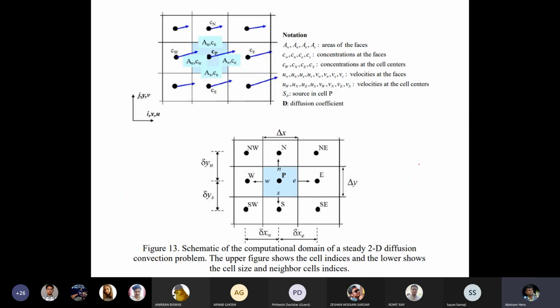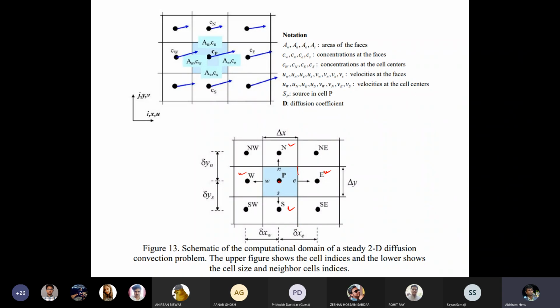Now if we follow the finite volume approach, these are the representations I have shown you, what is a face, what is a center, and how the points are recognized. This is the center of any volume. All of these boxes are basically one control volume. At the center the index is P, and on the right the next element is marked E, then west, north, south as S, that is how the neighboring points are defined in this 2D.